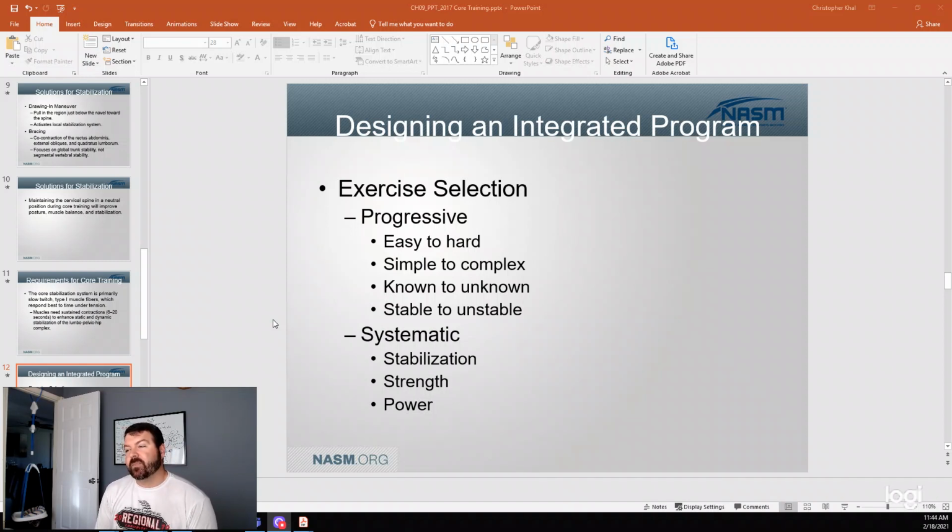Okay. And some of those go hand in hand with easy to hard. For example, a plank. Okay. Maybe some people can't do a plank for a number of reasons. So let's say they can't do it because they don't have the shoulder stability. Okay. Or they don't have the core to engage to hold that plank even for 10 seconds. So then you would start them off maybe on their knees and elbows.